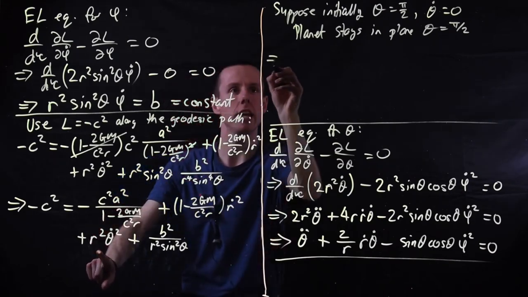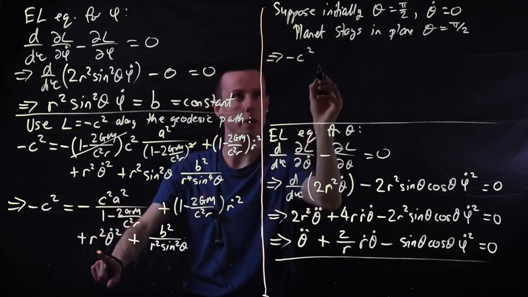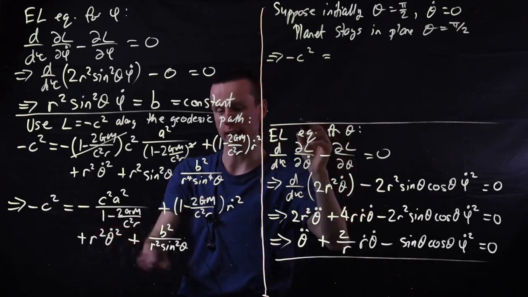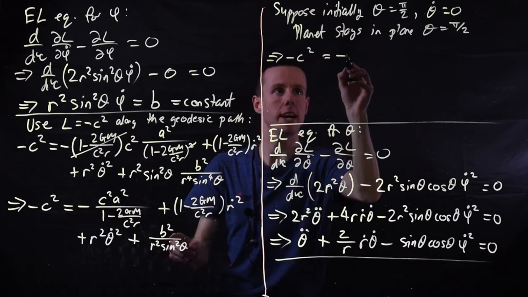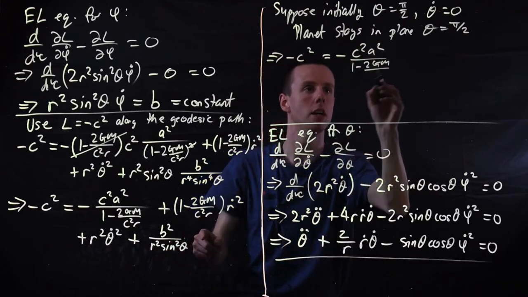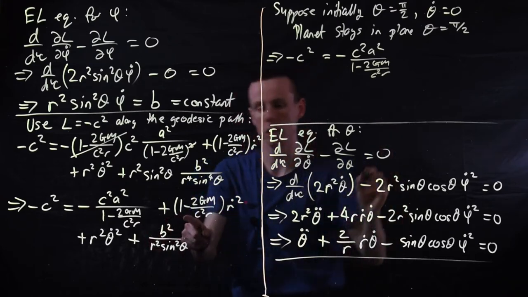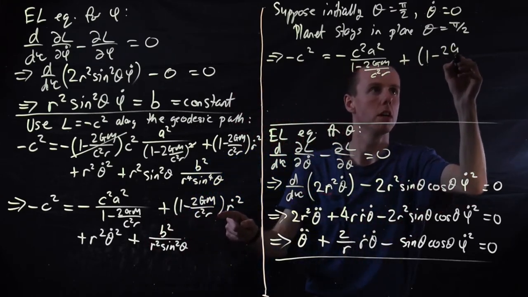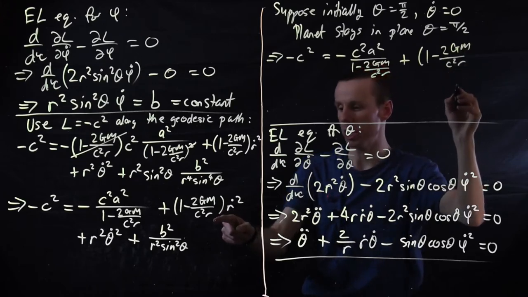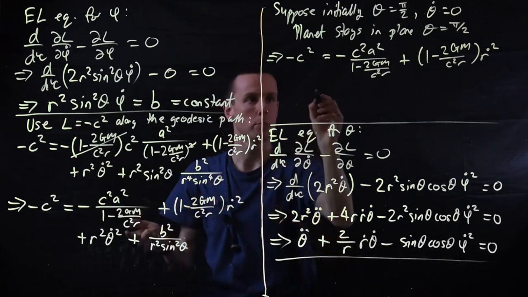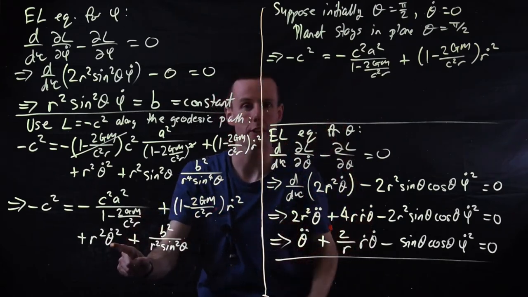Because then this equation becomes minus c squared equals, it tells us what to do with theta dot, and sine squared theta. So we will have minus c squared a squared over 1 minus 2GM over c squared r, plus 1 minus 2GM over c squared r times r dot squared, plus, well, theta dot is going to be 0.